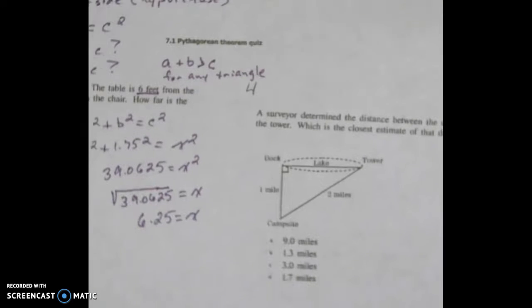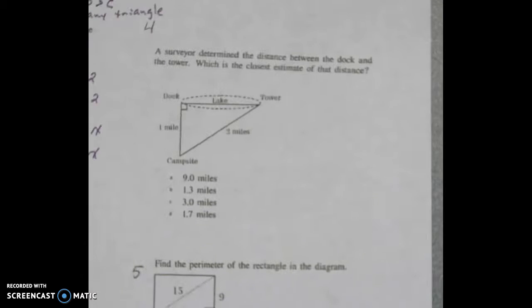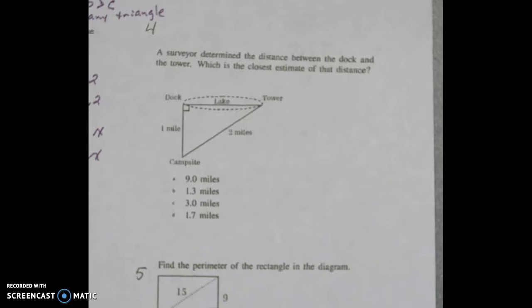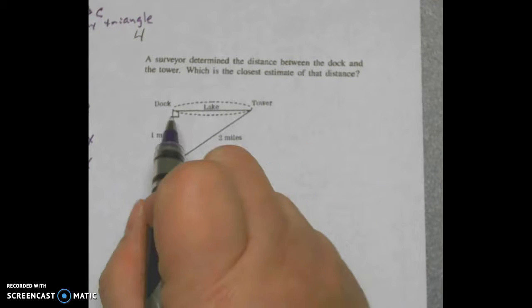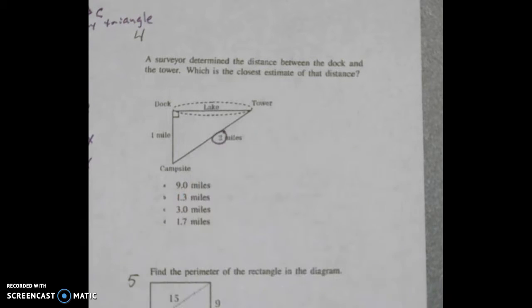I want to look at problem number 4 with you because it's a little bit different. Problem number 4 says that a surveyor determined the distance between the dock and the tower, and he wants to know what's the closest estimate of that distance. So we're looking for the length across this lake from the dock to the tower. Notice that my hypotenuse is 2.